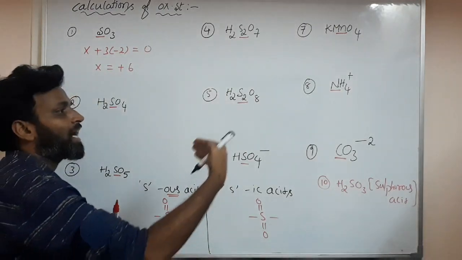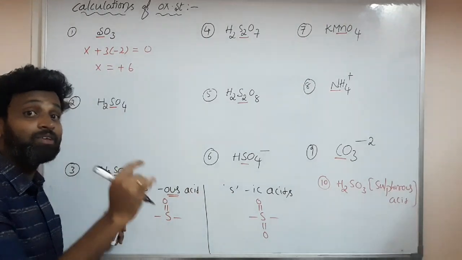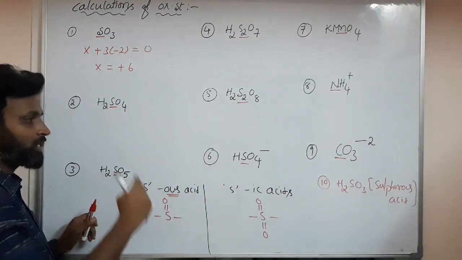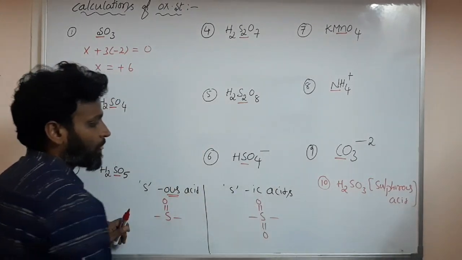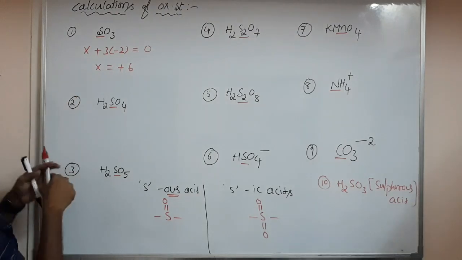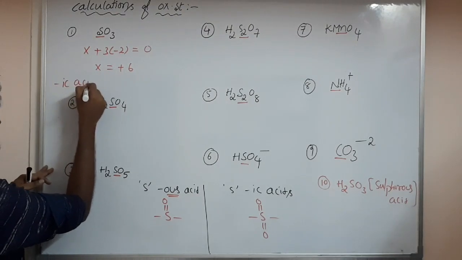If they say any us acid, sulfurous acid, pyrosulfurous acid, like that they will give. Us in the name means sulfur has 4 bonds. Ic in the name means sulfur has 6 bonds. Now you can write these are all ic acids. What type of acids? Ic acids.